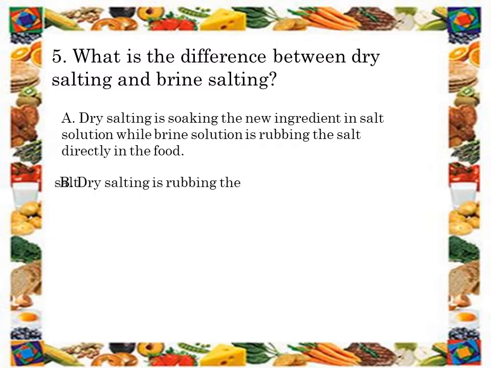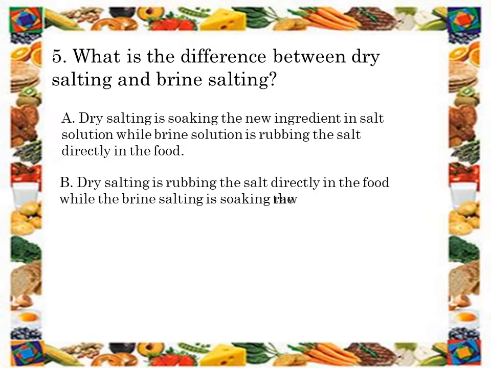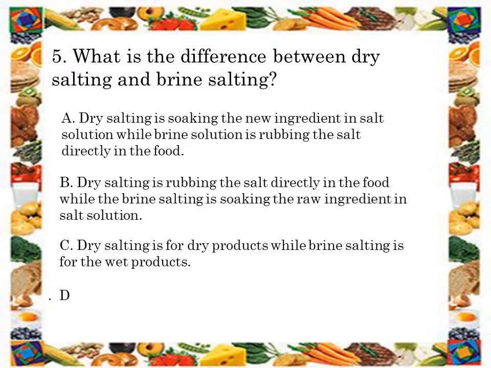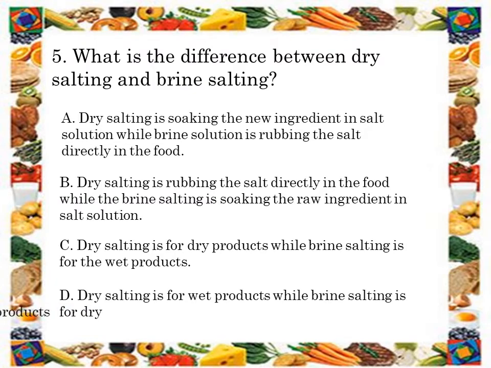B. Dry salting is rubbing the salt directly in the food, while brine salting is soaking the raw ingredient in salt solution. C. Dry salting is for dry products while brine salting is for the wet products. D. Dry salting is for wet products while brine salting is for dry products.